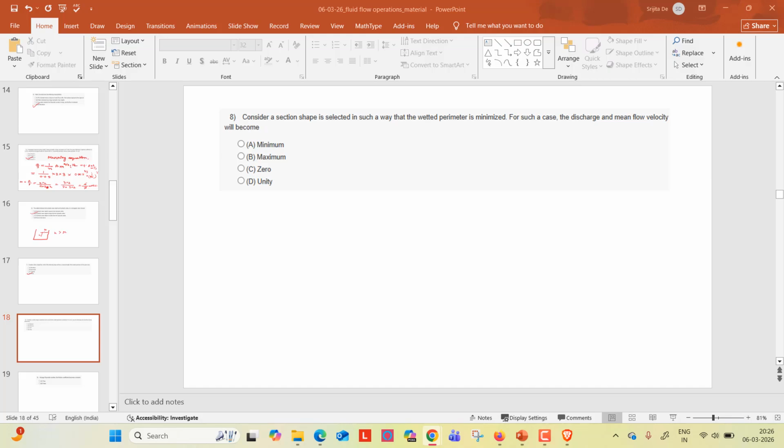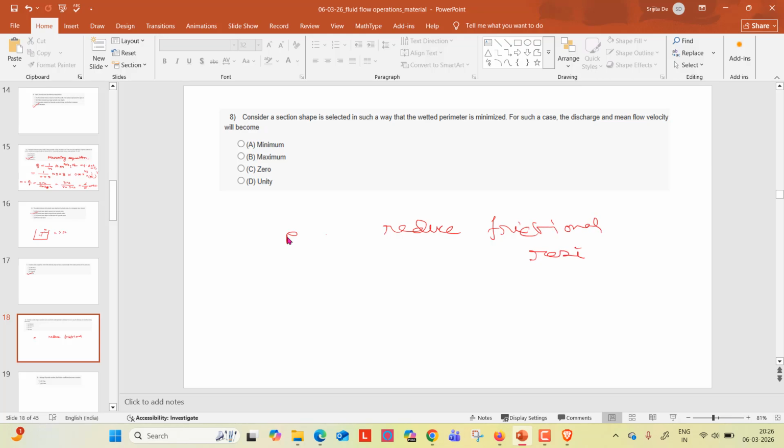So minimizing perimeter will help in increasing the area, and it will reduce the frictional resistance.